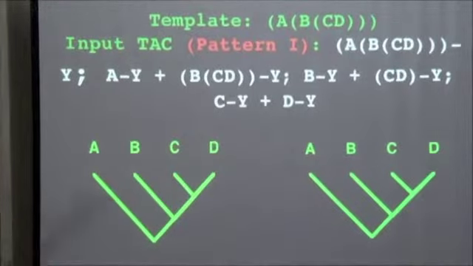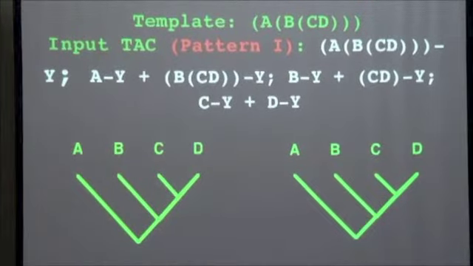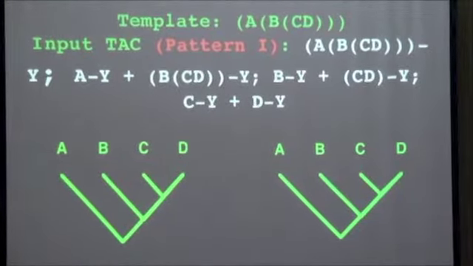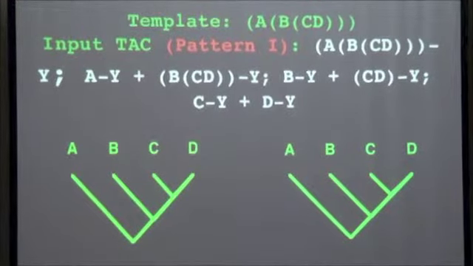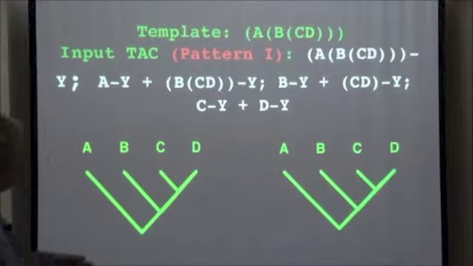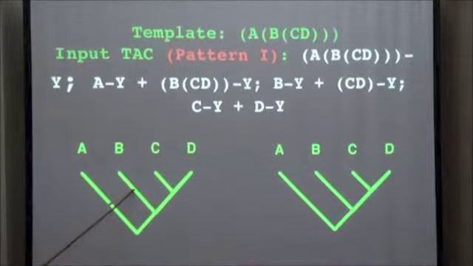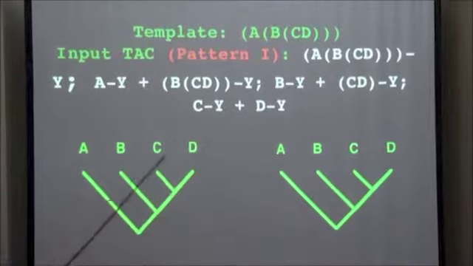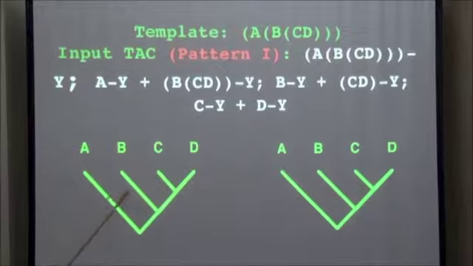Now, if the second tree that you add is identical to the first tree, then the template doesn't change. The PACT diagram doesn't change because all the information that's in here is contained in here. So you can add this to this without having to change the original diagram.